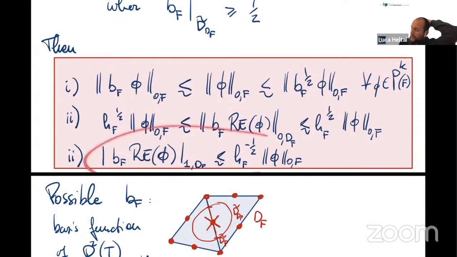Okay, and the inverse inequality is the same as before, with the catch that you have to be careful because this is a codimension 1 object and this is a codimension 0 object, and therefore you have a power which is -1/2 here, which comes from the trace inequality part of the theorem. So the trace inequality would allow you to control the 1 norm using the 1/2 norm on ∂f, and you control the 1/2 norm on ∂f using the 0 norm on f through the inverse inequalities that may disappear here.